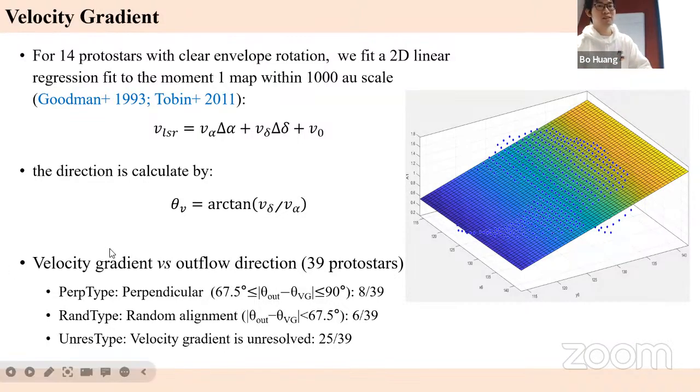So we also have a direction of the velocity gradient and a direction of the outflow, and we divide the sources into 3 types. The PerpType, where the velocity gradient is perpendicular to the outflow, the RandType, where the velocity gradient is random relative to the outflow, and the unresolved type, where the velocity gradient is unresolved. That means the absolute velocity gradient equals 0.